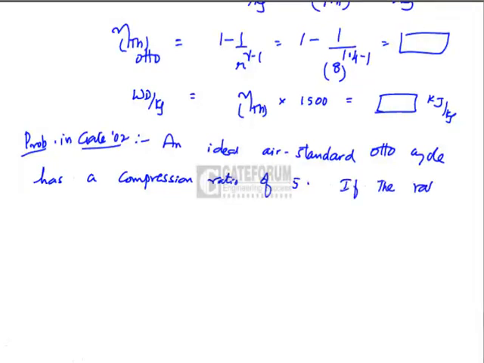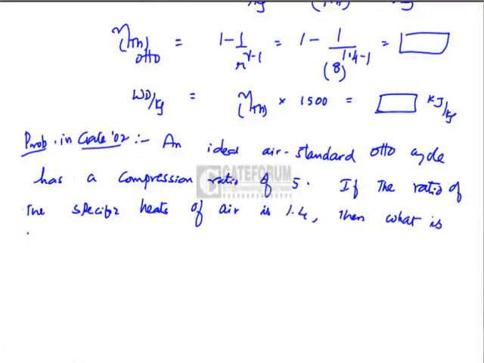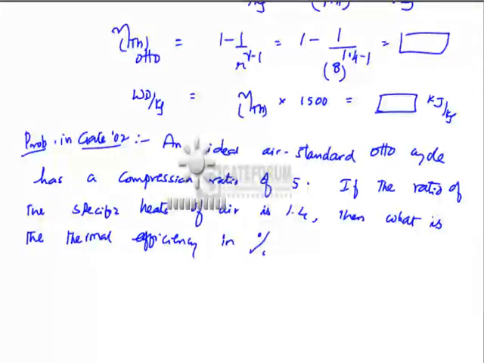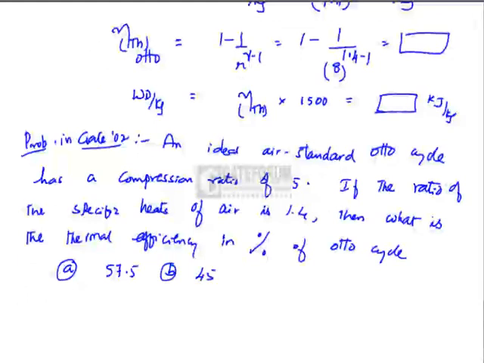If the ratio of the specific heats of air is 1.4, then what is the thermal efficiency in percentage of the Otto cycle? A 57.5, B 45.7, C 52.5, D 95.